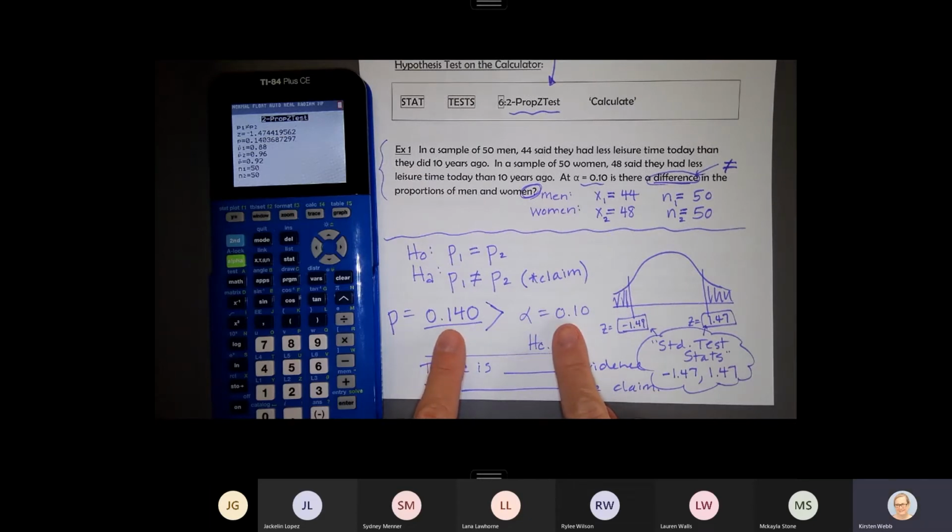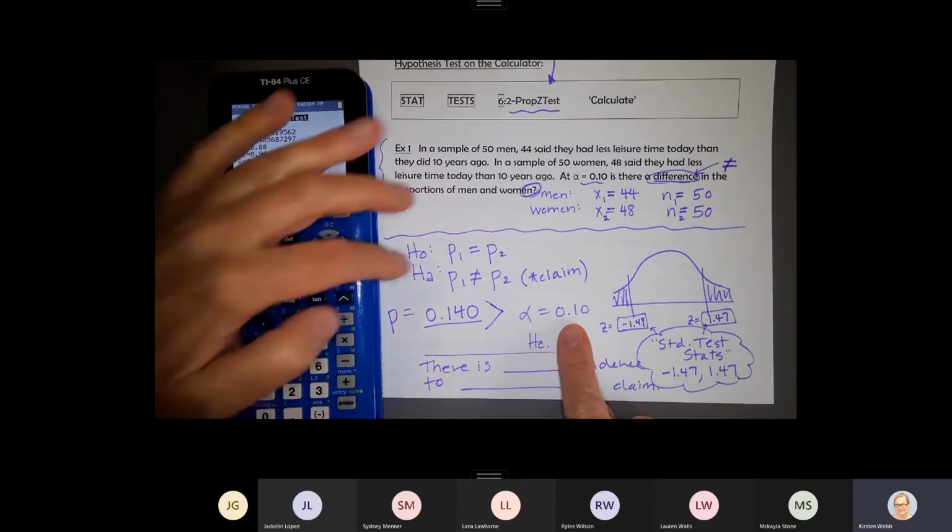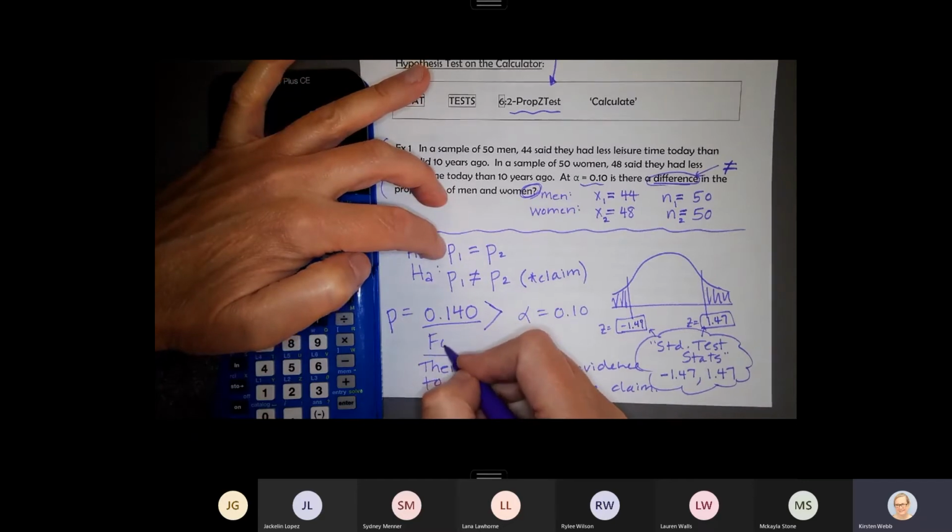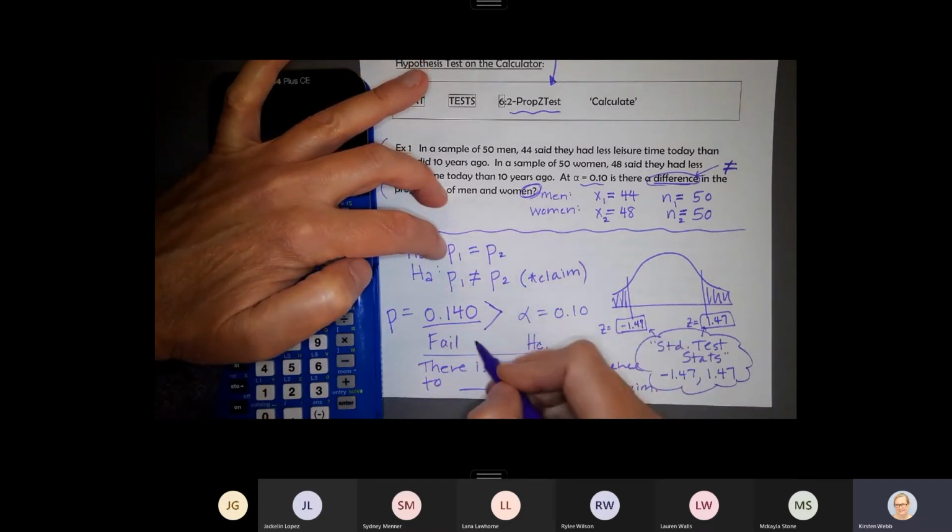Looks like the p in this case is bigger than the alpha that they gave us. So that helps us know we should not reject H0, fail to reject the null hypothesis.